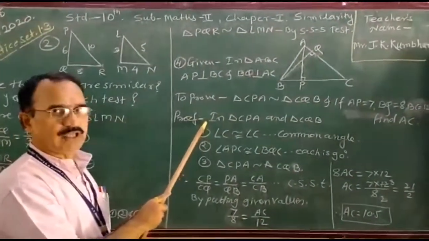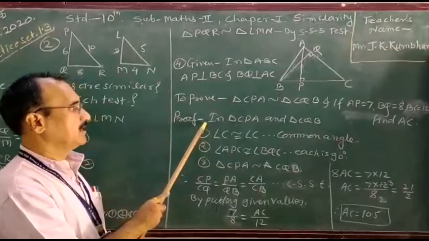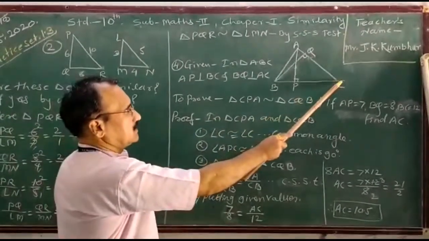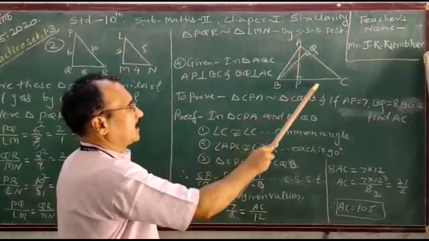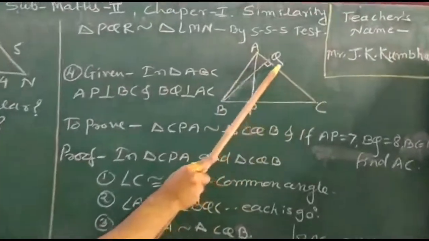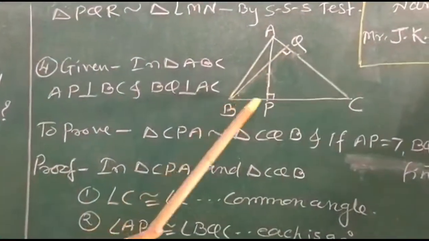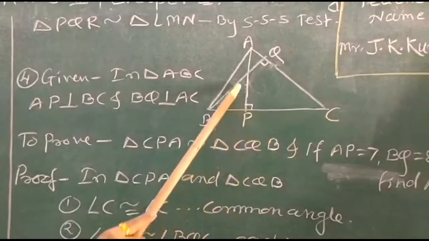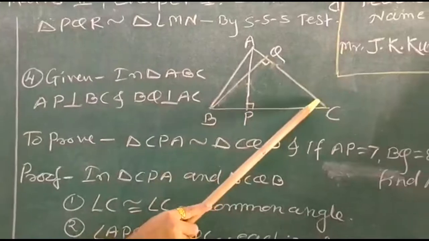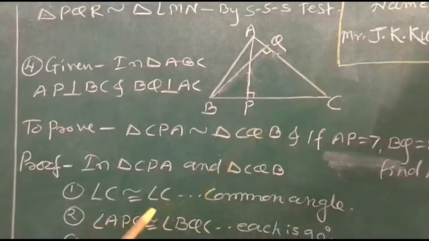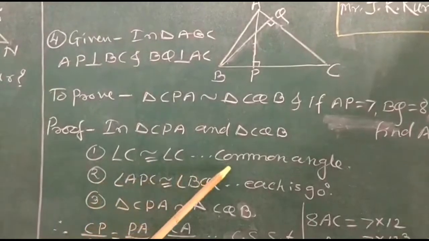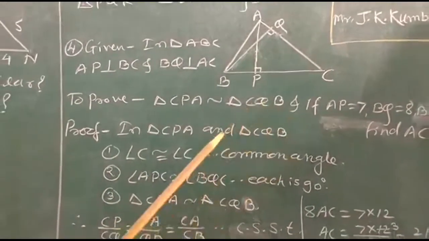Again, I am telling you, we know the tests of similarity. Here in triangle CPA, see this figure, and triangle CQB. Angle C is repeated here, and that's why we can write angle C is congruent to angle C, common angle for both triangles.